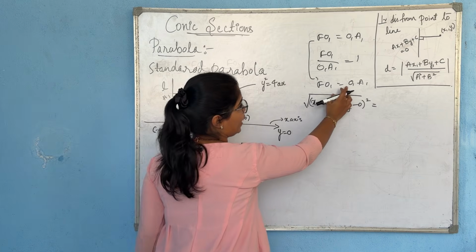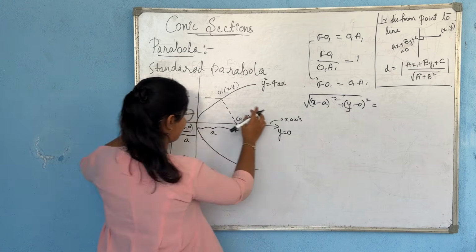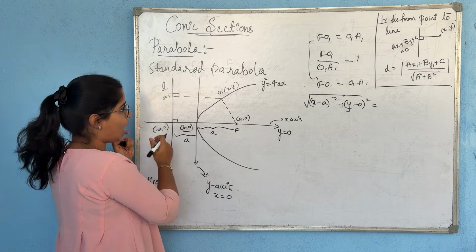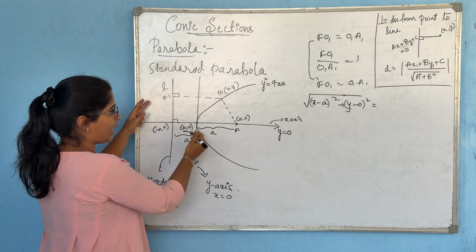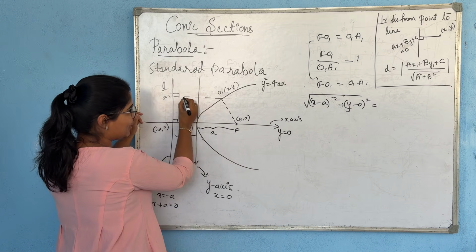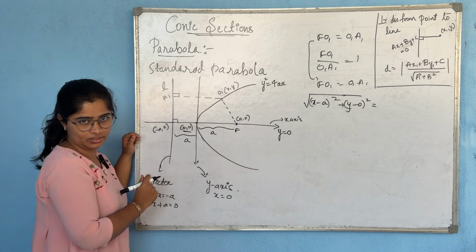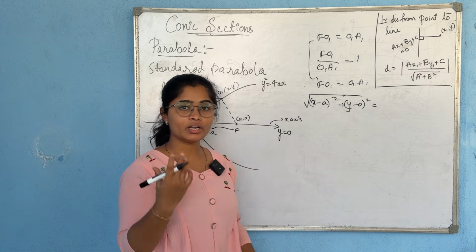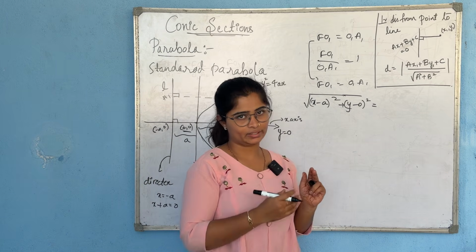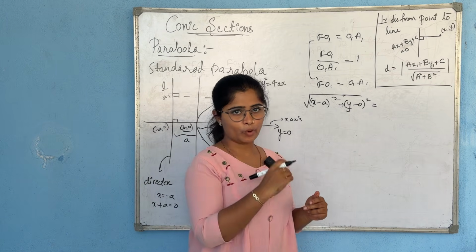Now we need to see O1A1, that is the distance between these 2 points. How will we see that? Now you can see it is a directrix, that is a line, and this is a point, and the distance O1A1 is the perpendicular distance, and we have one basic standard formula for the perpendicular distance from a point to a line.